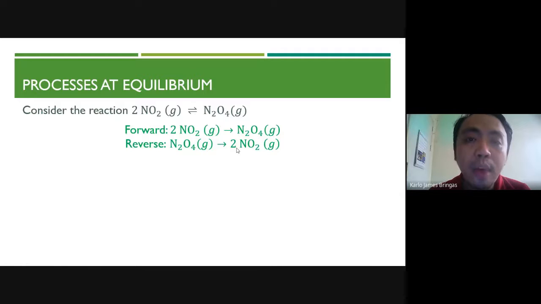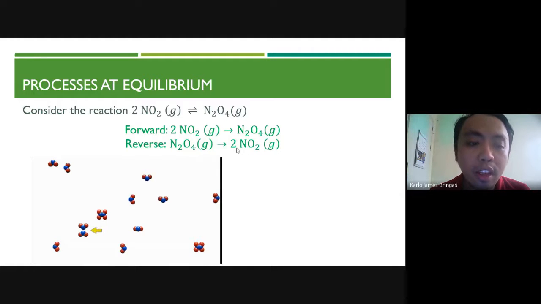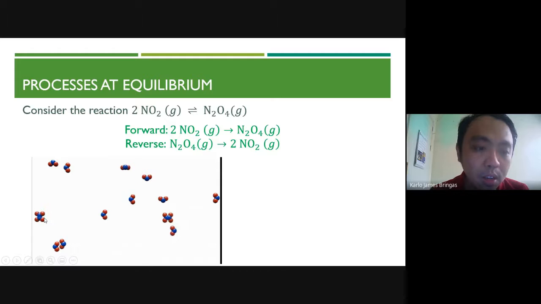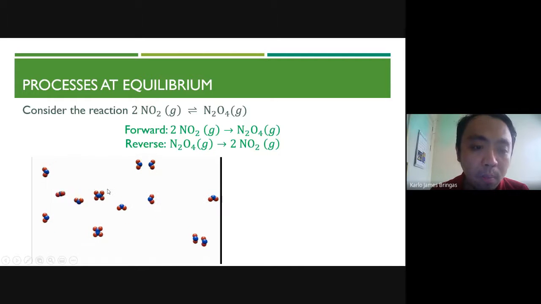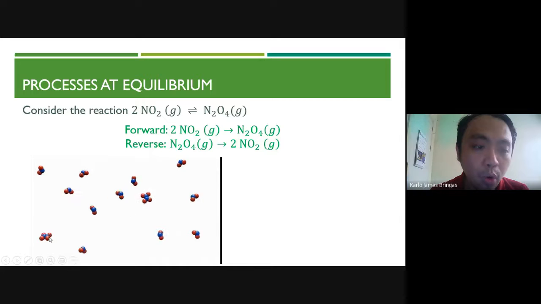So to allow us to better visualize what's going on in here, let's look at this GIF. Notice the arrows in here. It's pointed this way and pointed to this. So earlier, 2 of the NO2s have combined together to form N2O4. So here it is again. They combine, forming N2O4.